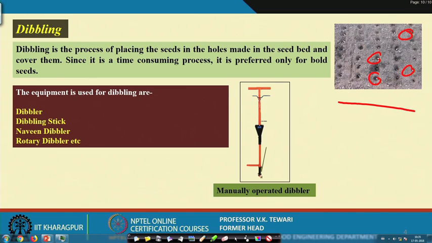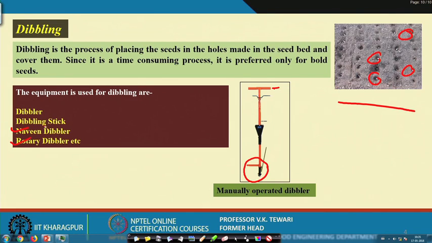You can see here that this is the cone which will enter. There is a seed here, and there is a location by which, using this handle, we can make the seeds drilled over there, or you can make a hole and drill later, but these are some of the ones which are being used. Different names are given depending upon the situation and on the people who designed these, such as Namin dibbler or rotary dibbler.